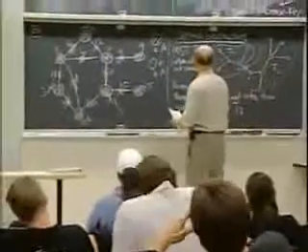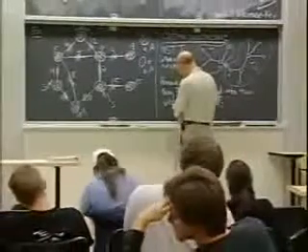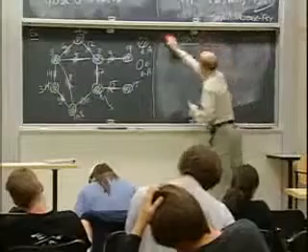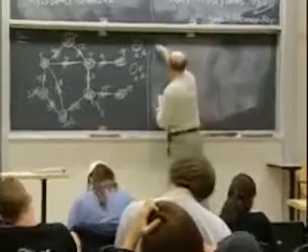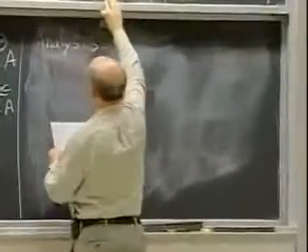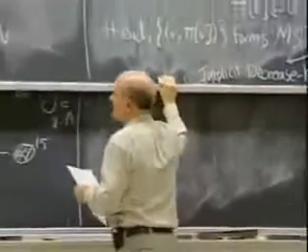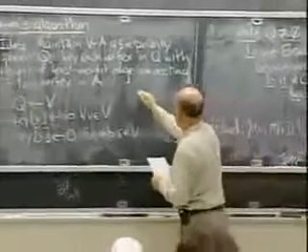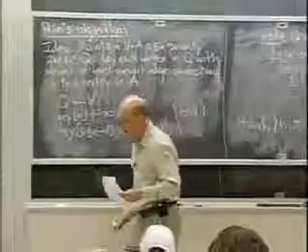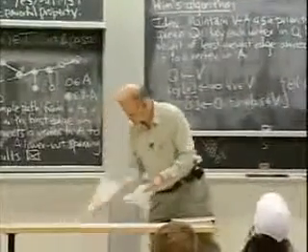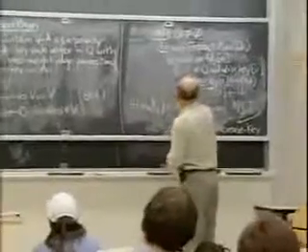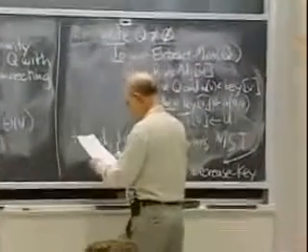Okay, let's do an analysis here. So let's see. This part here costs me order V, right? Then this part, let's see what we're doing here.